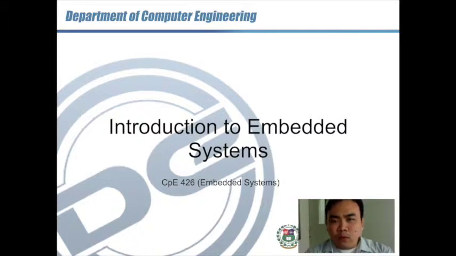Before we even dig deeper into embedded systems, let us review first the background or the foundation of embedded systems, which is basically the microcomputer. Okay.